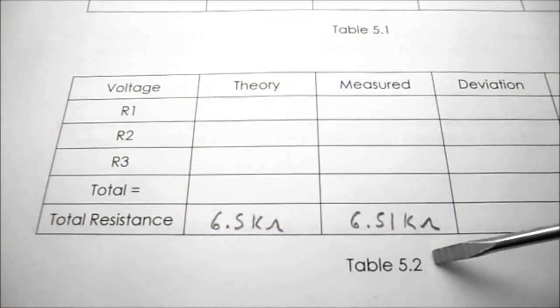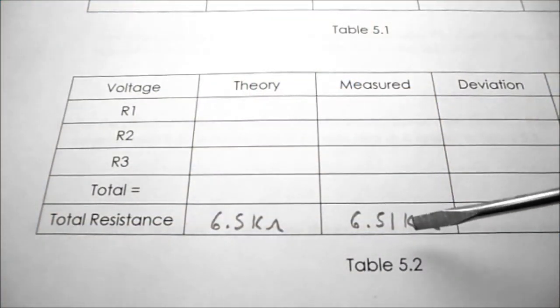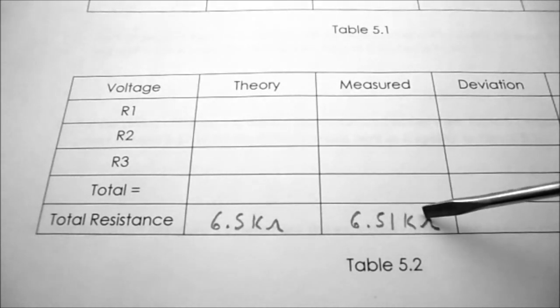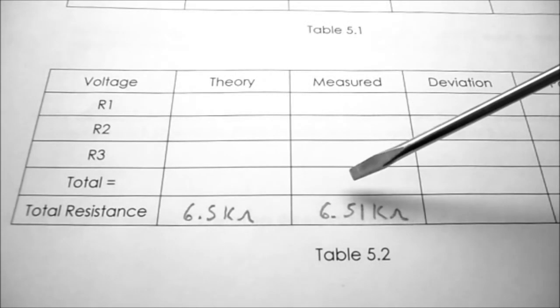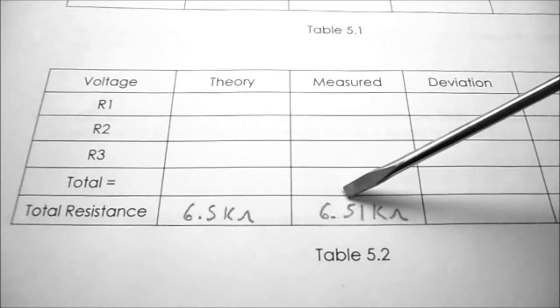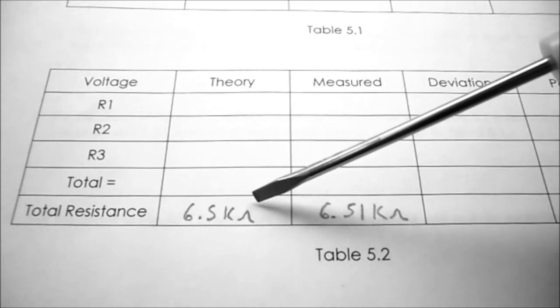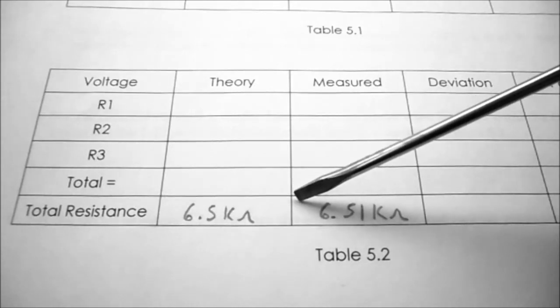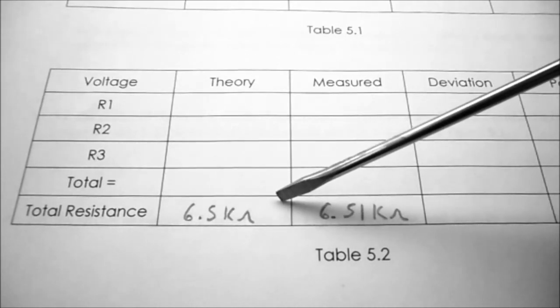So on Table 5.2, I record my total measured resistance is 6.51K ohms. So if the measured value of Figure 5.1 is very close to the theoretical value we calculated, then we know that we have the correct resistors in our circuit and we've wired them up correctly.